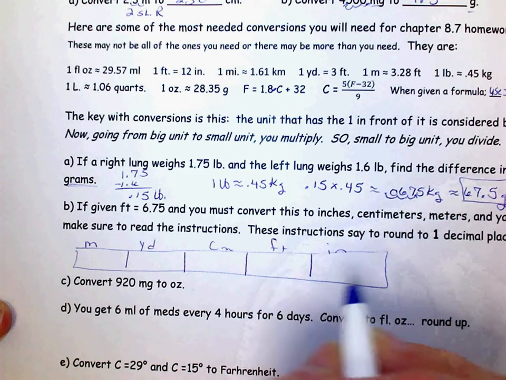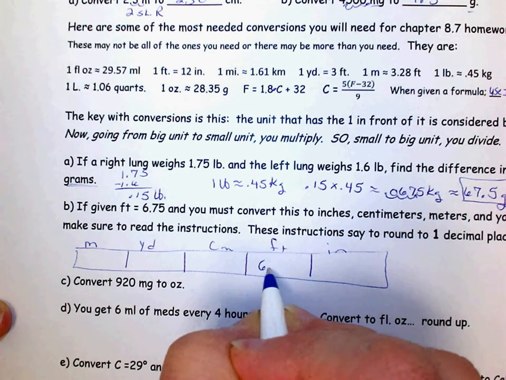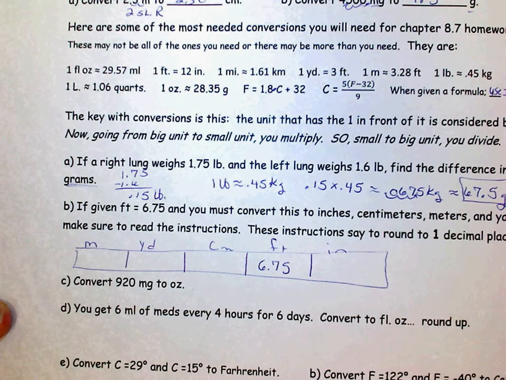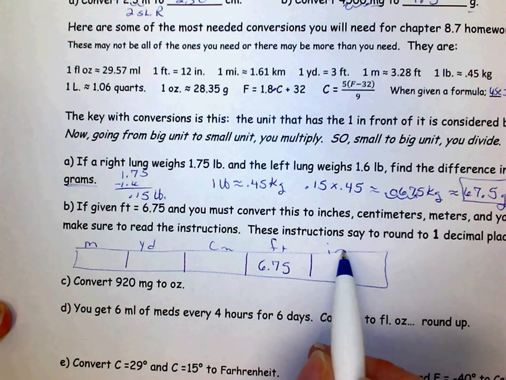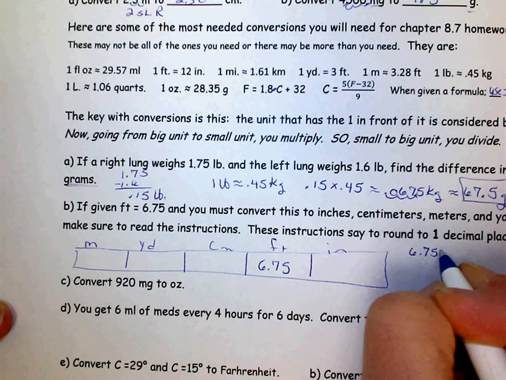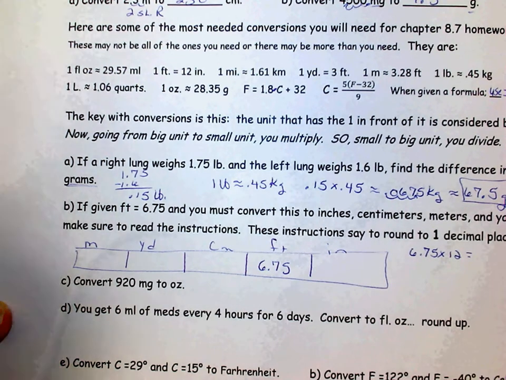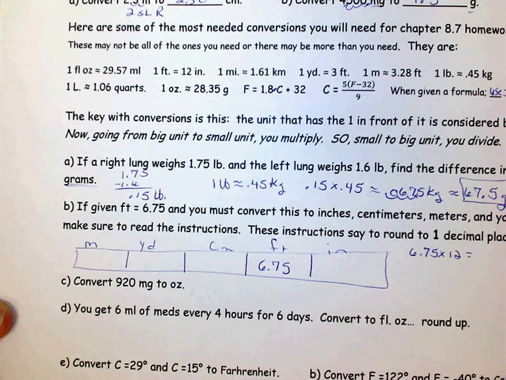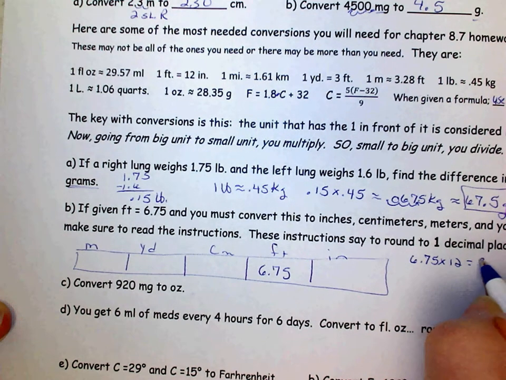So if I'm given 6.75 feet, well, feet to inches, I'm going from big unit to small unit. So I take 6.75 times 12, and that gives me 81 inches.